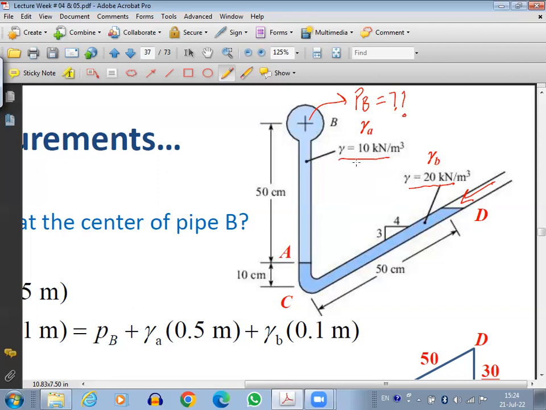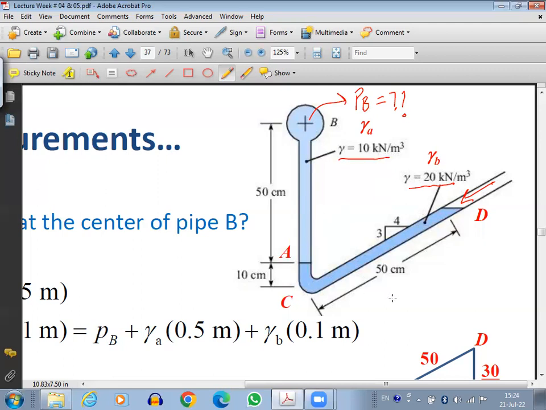Obviously, as the procedure that we have been following, always start from a point which is known and then move to the point which is unknown. So I will start from point D. Why will I start from here? Because here it is open to atmosphere, so I know the gauge pressure will be 0.